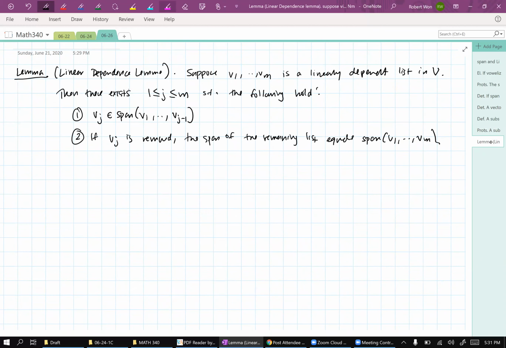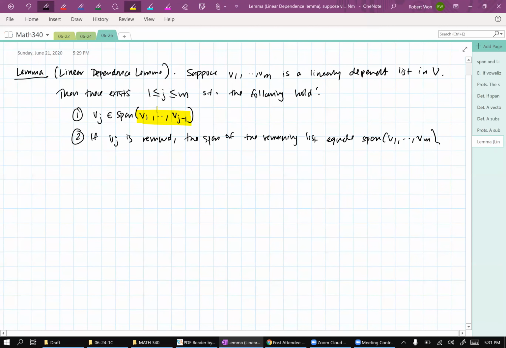This is stronger because it says you can find a vj that's in the span of just the ones that came before it, v1 through vj minus 1. And also, if you remove the vj, you haven't changed the span.